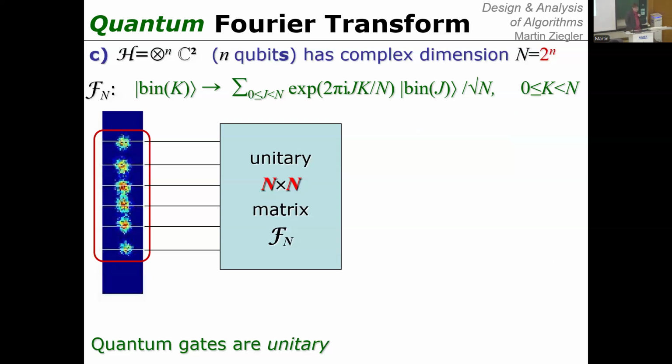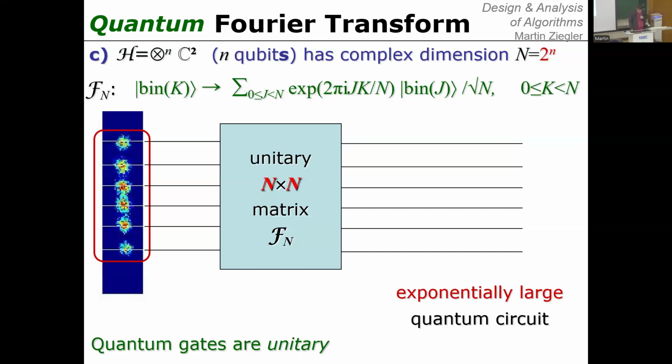And it turns out for the quantum Fourier transform, it is possible to express this exponential size matrix using only a polynomial number of tensor operations and matrix multiplications. So superficially, this is an exponentially large quantum circuit.